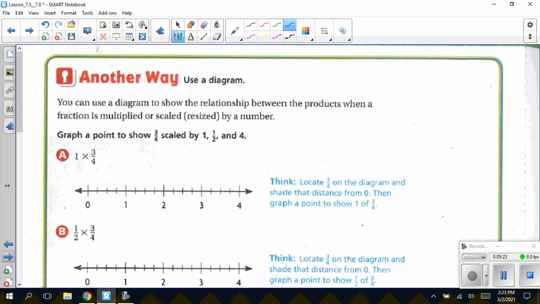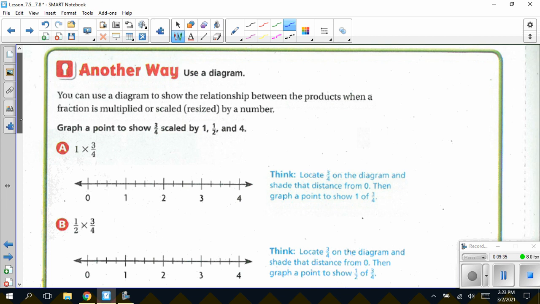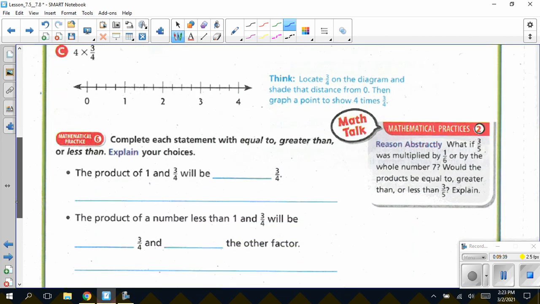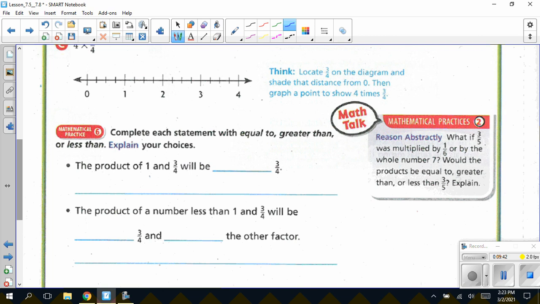So now on page 446, I normally do not use my number lines to help us. I find that just using those rules really helps us understand how our answers will be. And if you still don't understand those rules, you can also just multiply any of the problems together to then figure out whether your answer will be less than, greater than, or equal to.